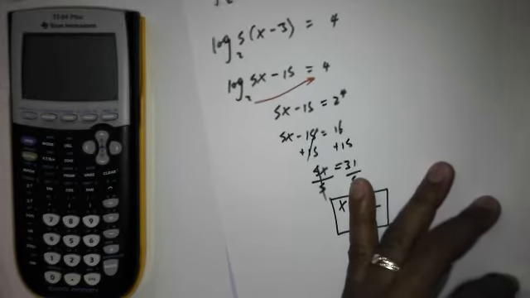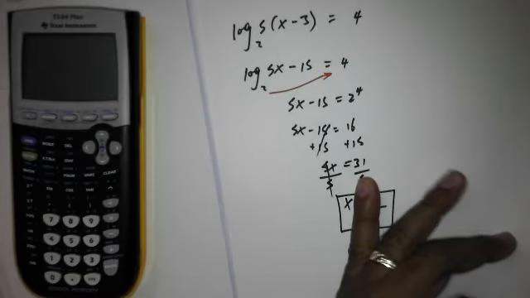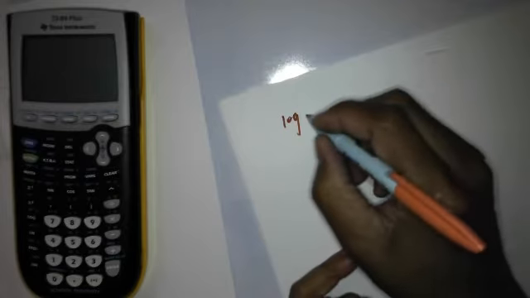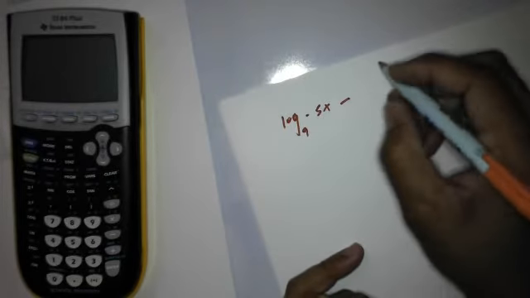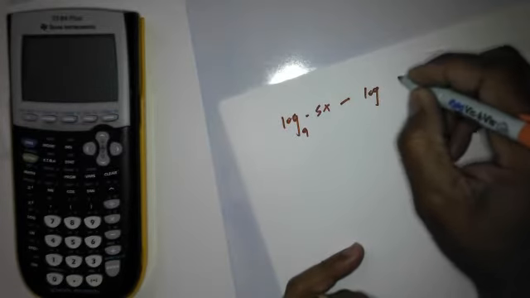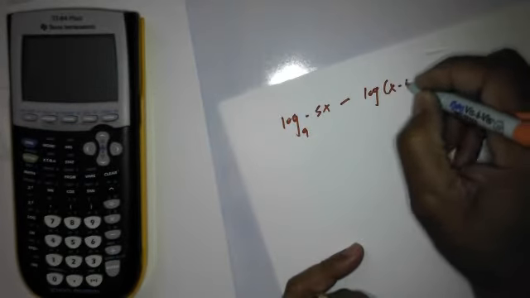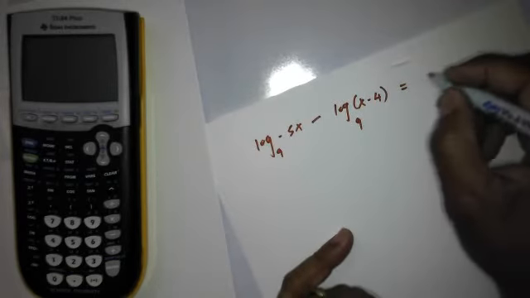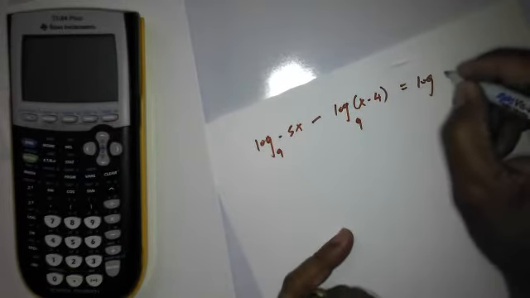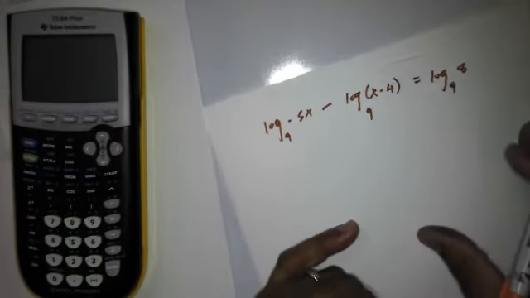Let's look at another example real quick. Our other example is log of negative 5x base 9 minus log of x minus 4 base 9 equals log 8 base 9.